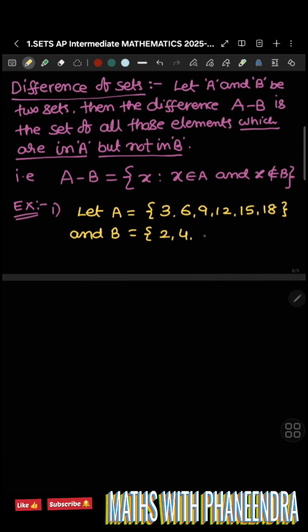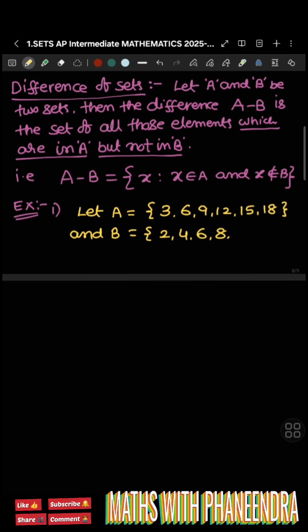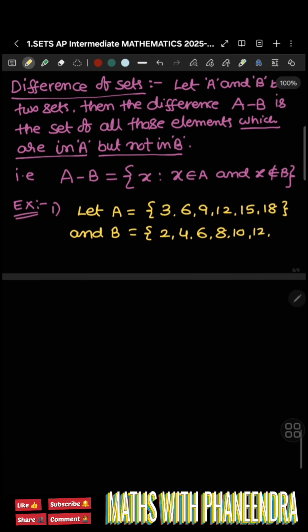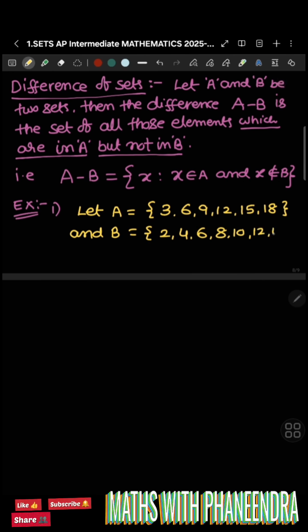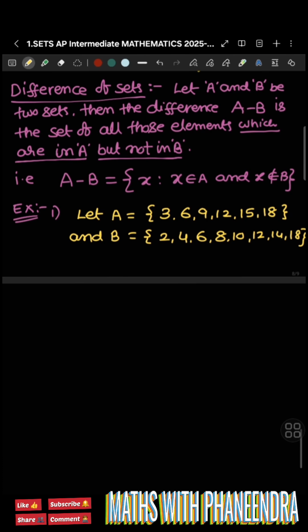So 2, 4, 6, 8, 10, 12, 14, 16 and 18. Okay, this is let A and B.